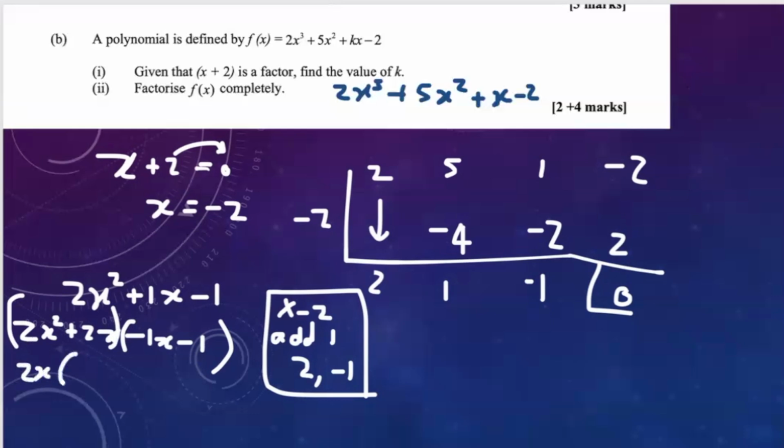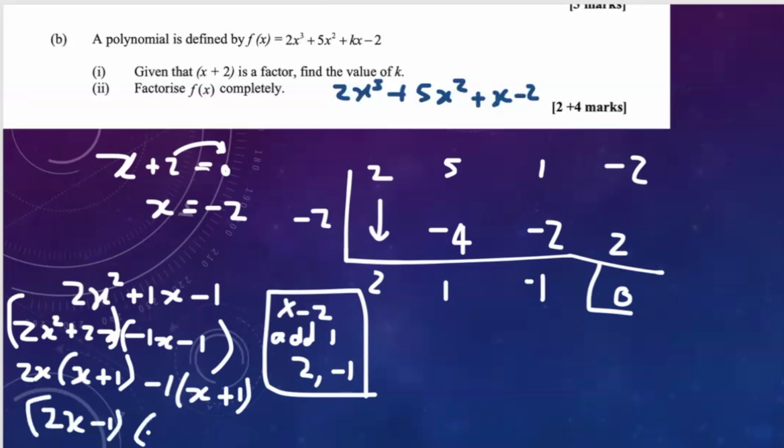When I factor out 2x, I'm left with x plus 1. What can I factor out? I can factor out minus 1. So I'm left with x plus 1. So I have 2x, take away 1, and I also have x plus 1.